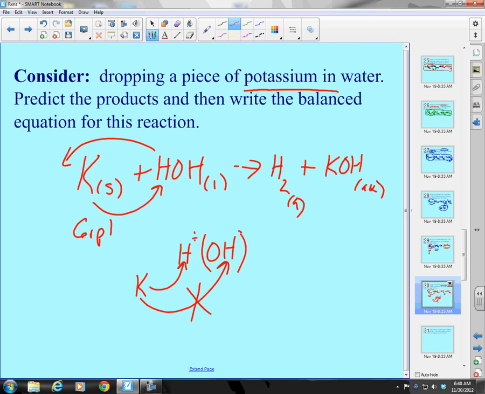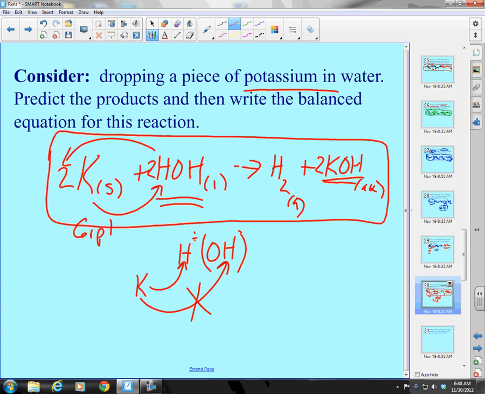That's why I like drawing water this way, because it helps me remember what I form over here. Now, we need to balance this. I need 2 of these, and that means I'll need 2 of these, and I'll need 2 of these. That is my metal replacing hydrogen in water.